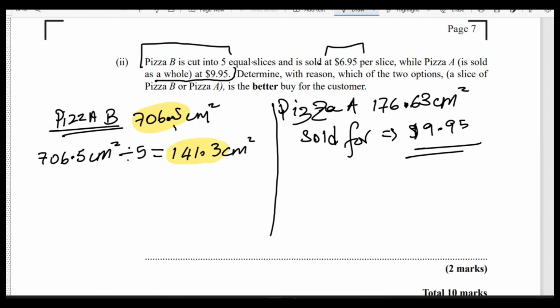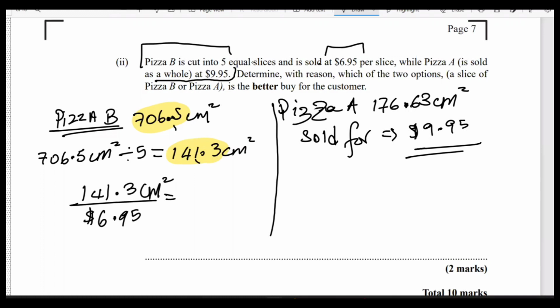But for one slice, it's $6 something. So we're going to have to work out what $1 gives. We want to know what $1 gives for both, and then that will tell us. So we're going to put the money underneath. This 141.3, we want to divide by $6.95 so that we could know how many centimeters squared $1 actually gives.